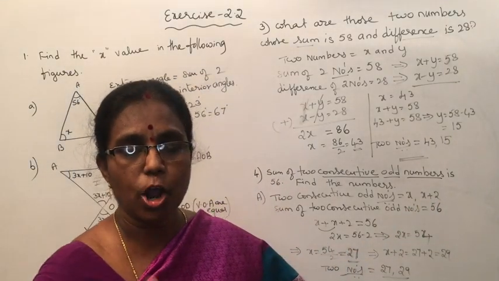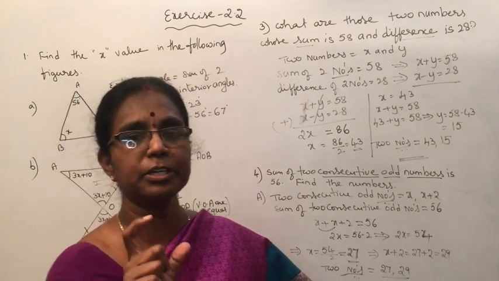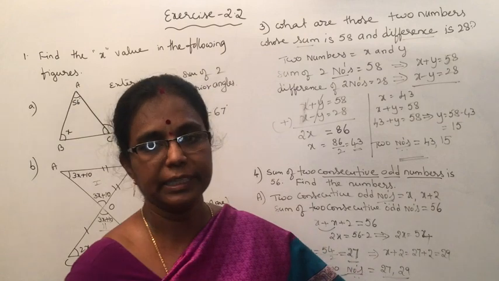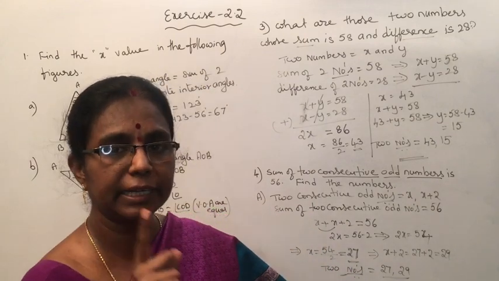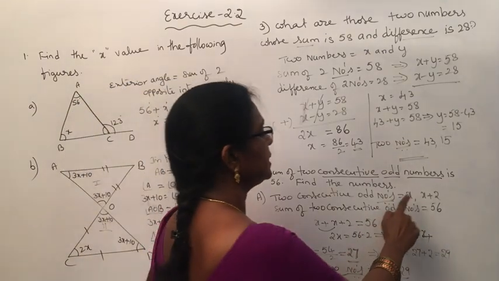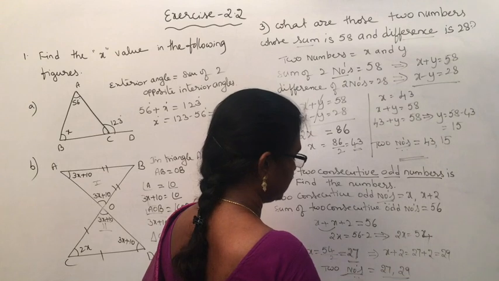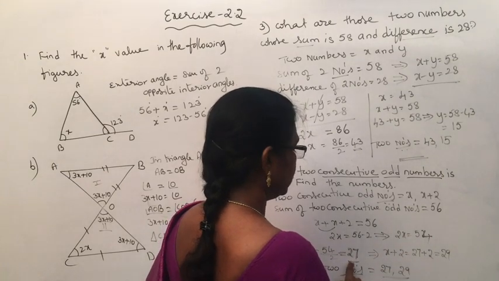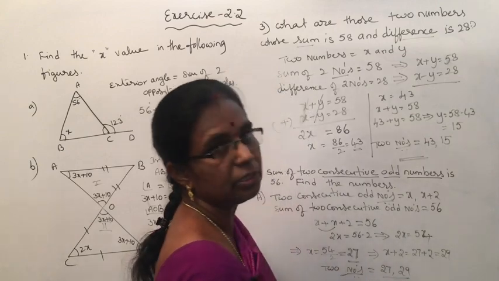That means the difference between two odd numbers is always 2. The difference between two even numbers is also 2. Then the next odd number must be that number plus 2. Now x plus x plus 2 is equal to 56. If you solve those equations, you will get x is 27, x plus 2 is 29. Then the two numbers are 27 and 29.